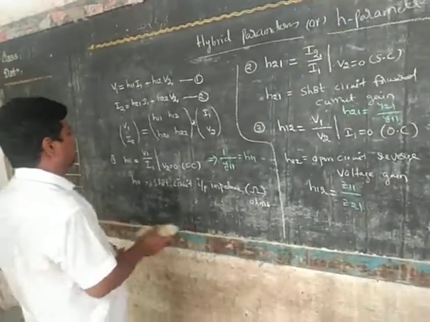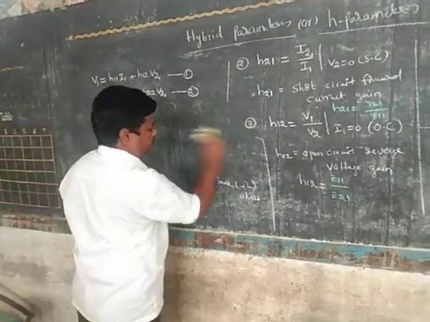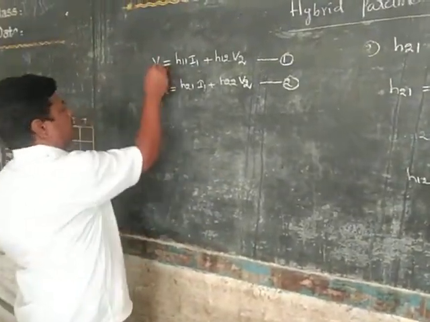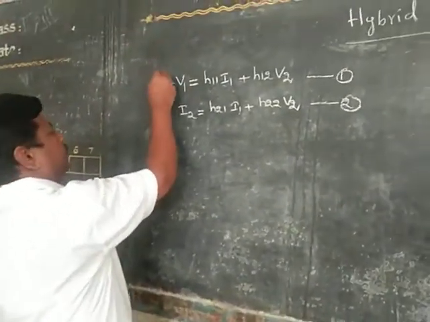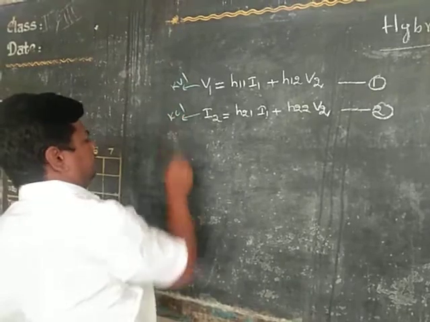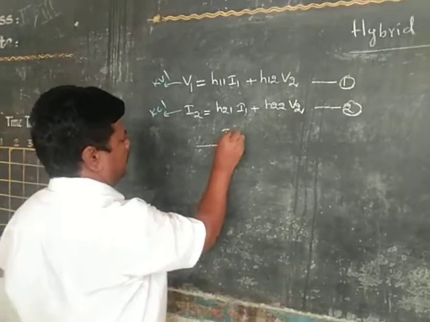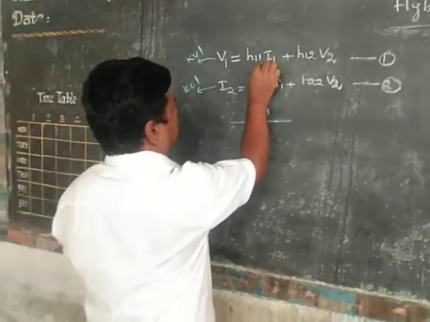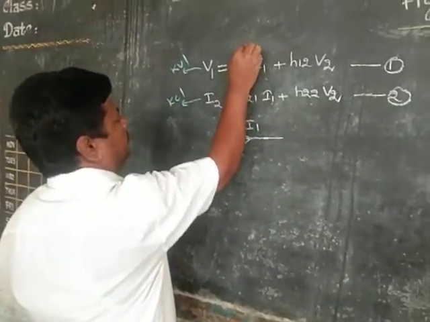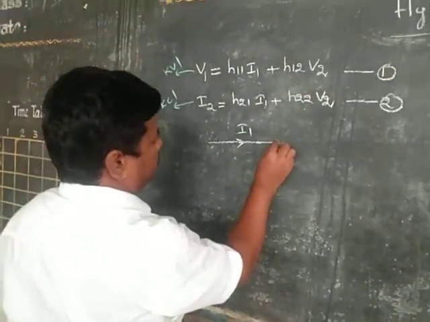And coming to the circuit, how to represent the circuit model. Observe here, this can be represented using KVL, and this can be represented using KCL. This is the I1 current, H11 into I1. This is also a voltage, since R into I is voltage.